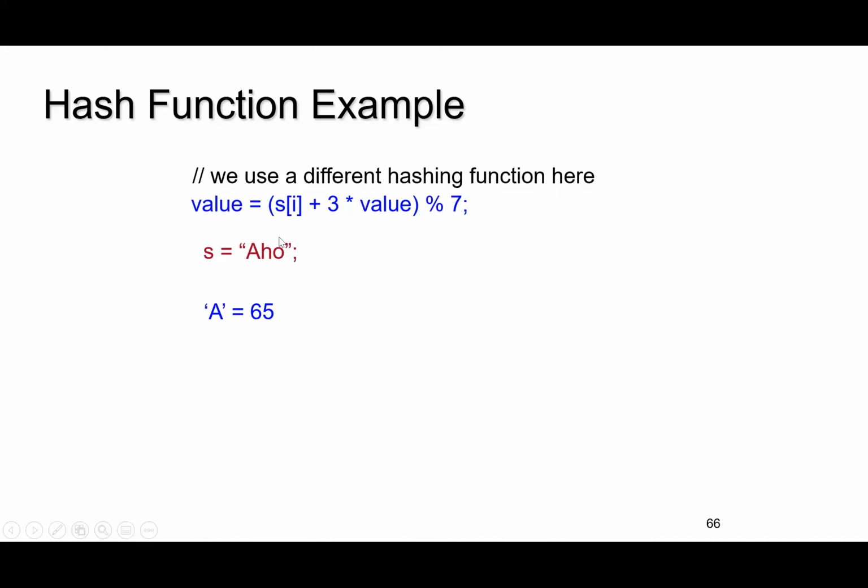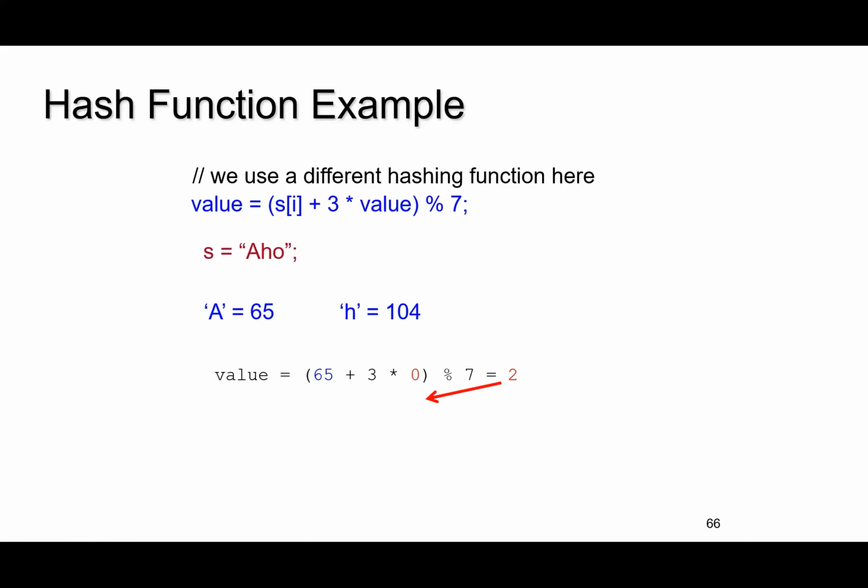When you use a character with an arithmetic operator, automatically it will use the ASCII value. So uppercase A will be 65. The loop goes through every character. So for the first character A, 65 plus 3 multiply 0, modulus 7, you get 2.